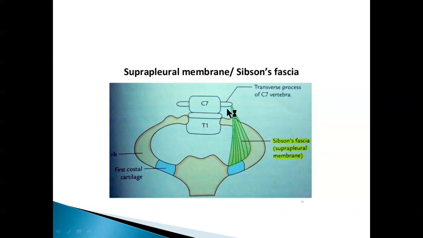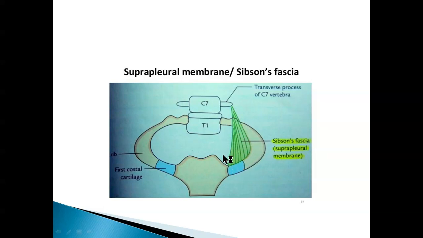Now this diagram is illustrating, here we have your first rib, here we have the sternum, and here we can see your Simpson's fascia or suprapleural membrane coming from your transverse process and coming down, and on the inner boundary of your first rib it is getting inserted over here.